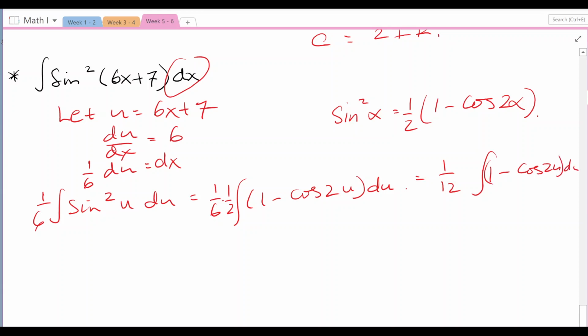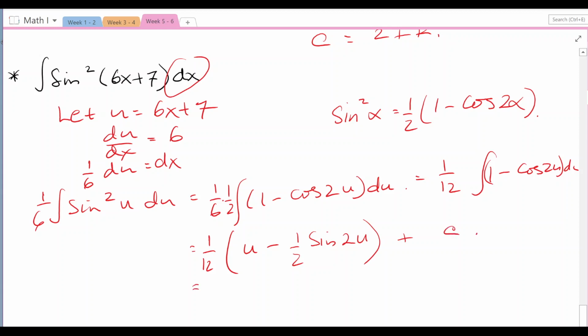And now we can proceed directly. Maintain the 1 over 12 out, the integral of 1 with respect to u becomes u, minus the integral of cos 2u, which will be half sine 2u, plus a constant.